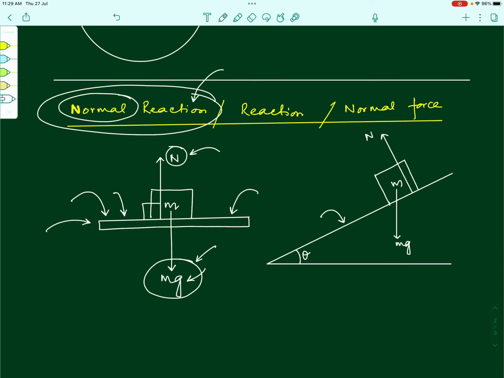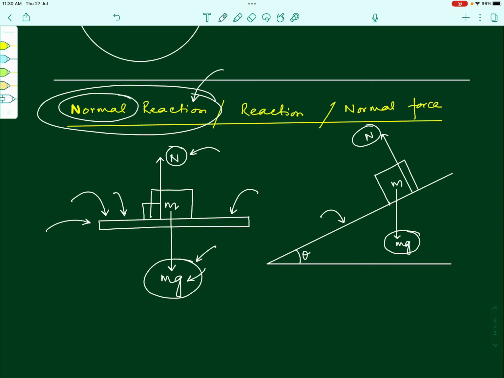The important aspect here is that since this normal force is not acting exactly opposite to the direction of mg, it will not be able to balance the force of mg, at least not completely. It will only be able to balance a component of mg.